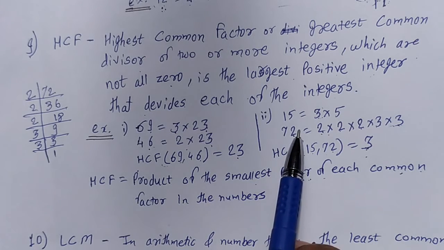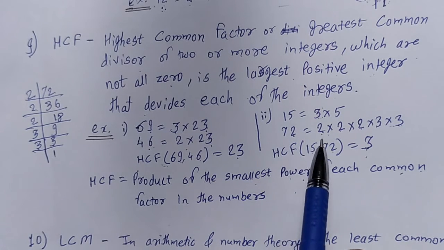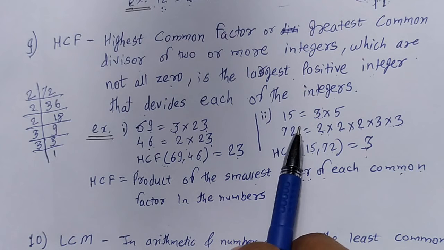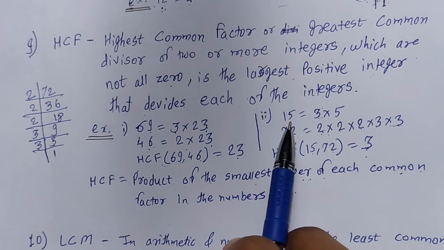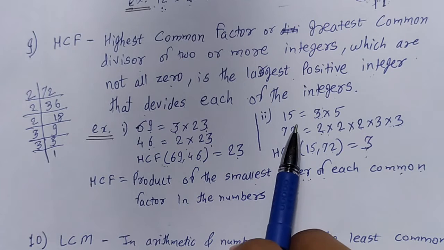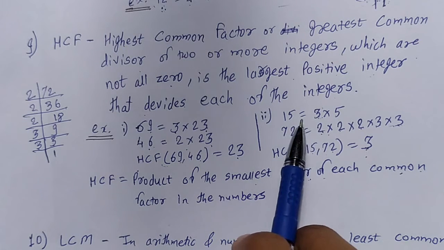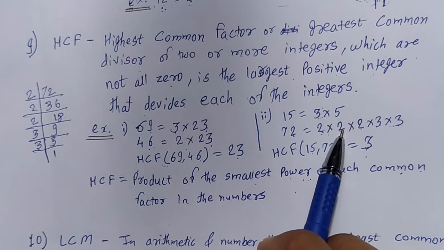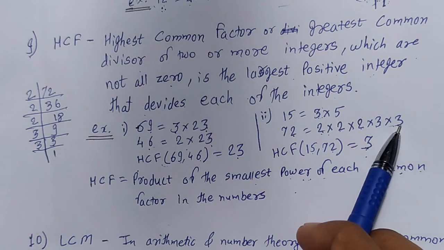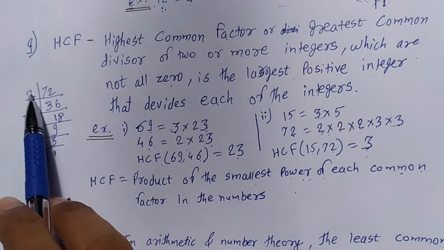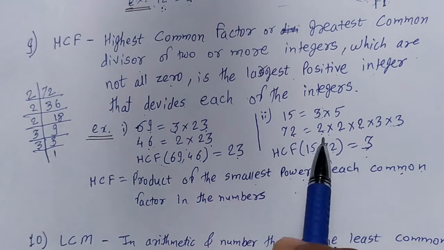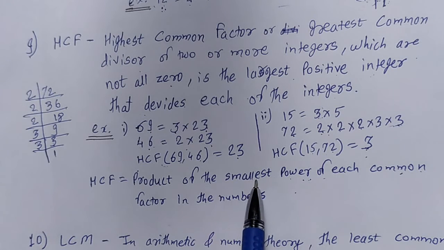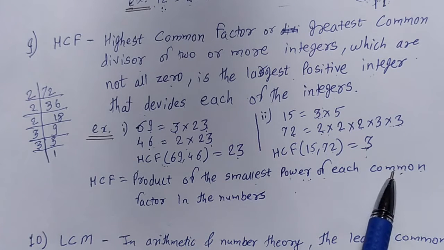Similarly, look into the second example, you will understand it better. Let's see the given example as 15 and 72. What are the prime factors of 15? 3 into 5. What are the prime factors of 72? These are 2 into 2 into 2 into 3 into 3, which we have calculated here. You have to take the smallest power of each common factor.